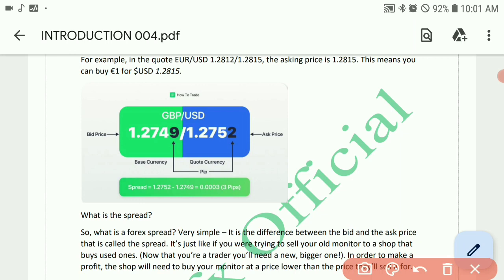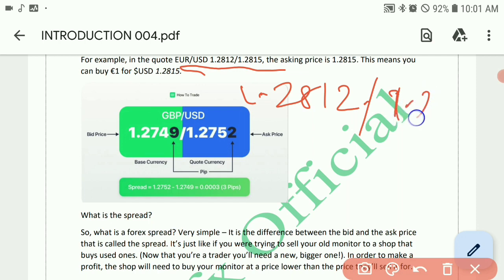Euro USD, look at it. Euro USD is at 1.2812. So this is the price you are willing to buy that currency.